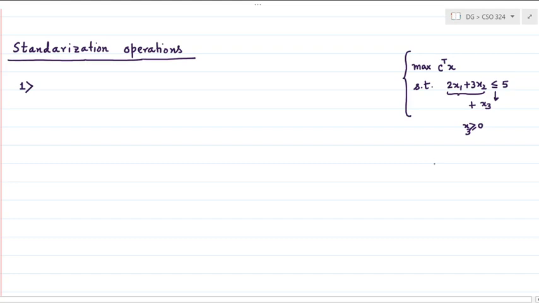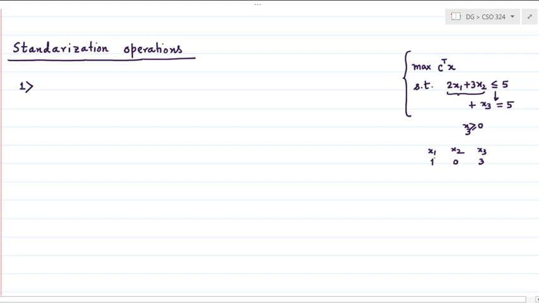Let's suppose x1 is equal to 1 and x2 is equal to 0. We know how much amount is deficit to reach the value 5, it is 3, right? So we assign x3 the amount 3, and then you will have equality here, equal to 5.